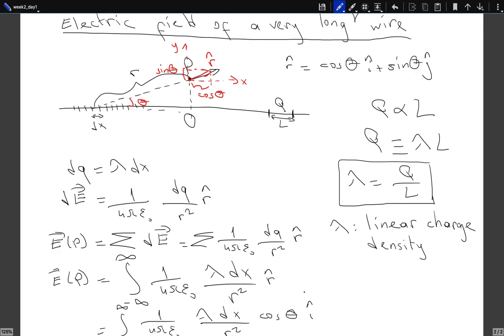What doesn't change? What about r? Well, small r changes. This segment is further away than this segment, so as I'm going from this segment to this segment, r changes. But this doesn't change. Let me call that capital R.